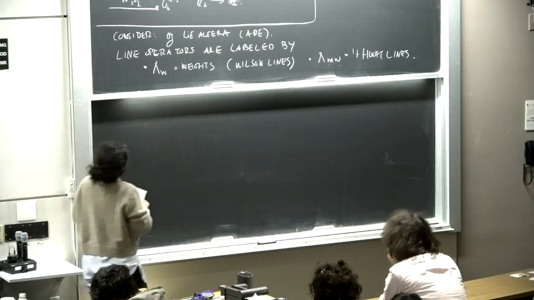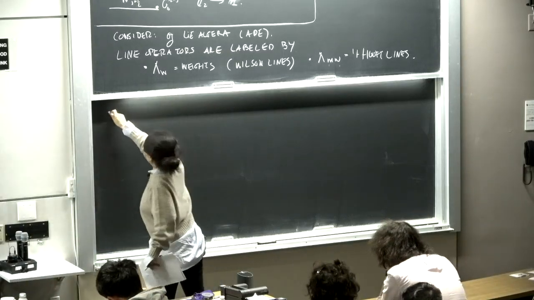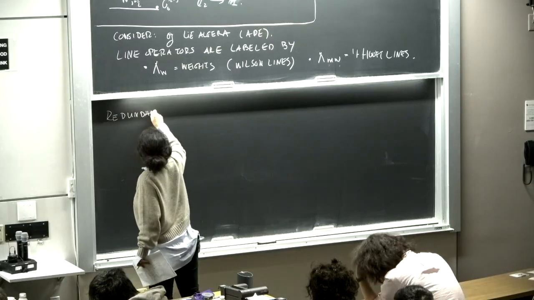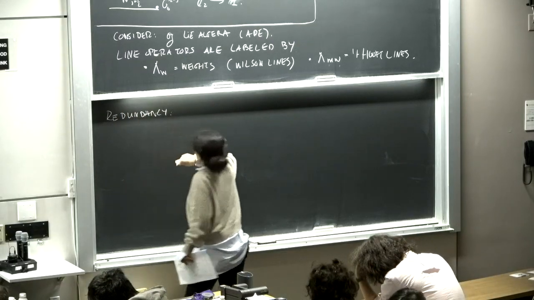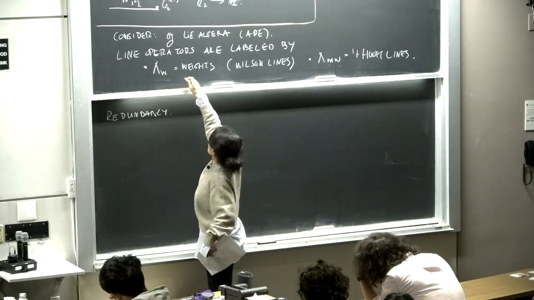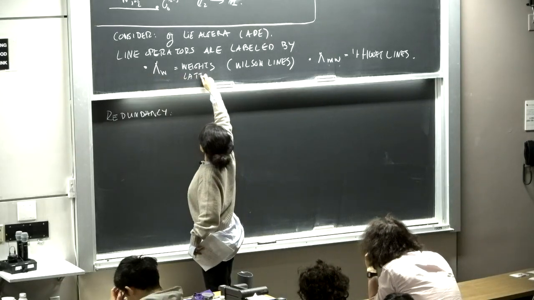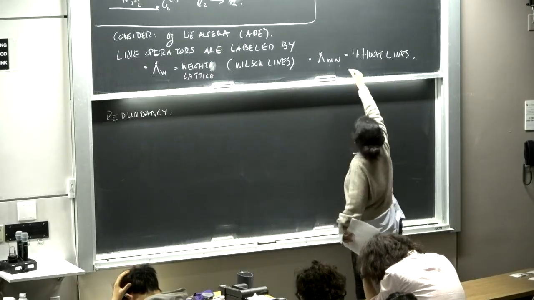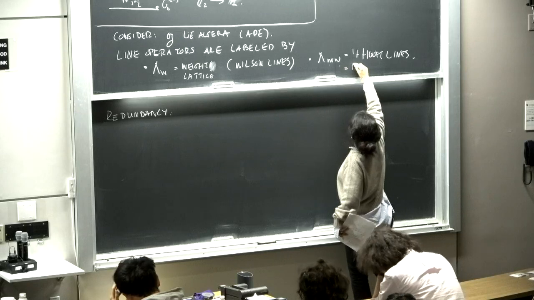But if you actually look at these, there's some redundancy. Indeed, this is really the weight lattice, and the magnetic, the dual weight lattice.